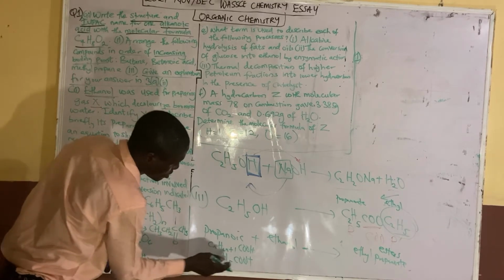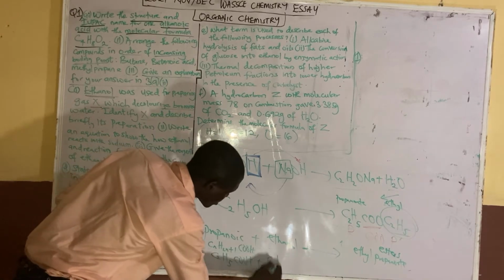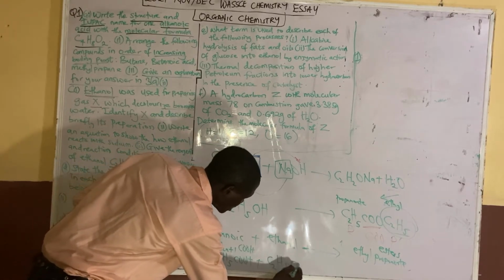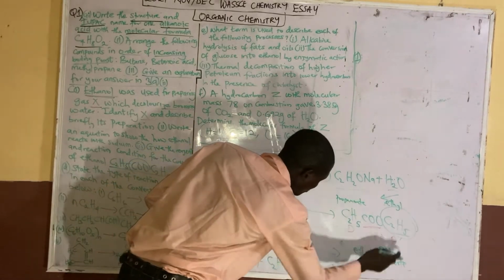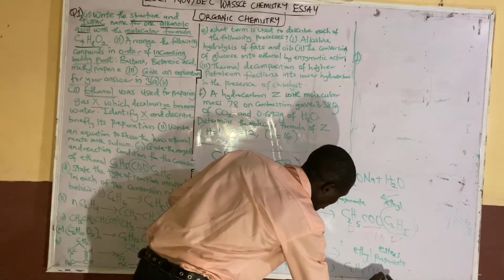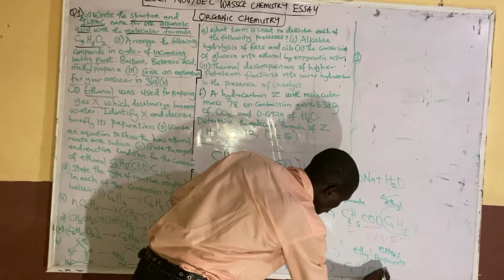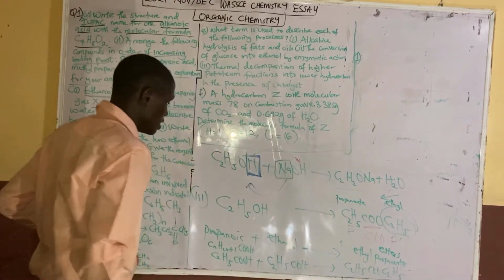You can see propanoic plus ethanol. Definitely you will have ethanol, which is already here. C2H5COOC2H5. So now, what are the reagents?